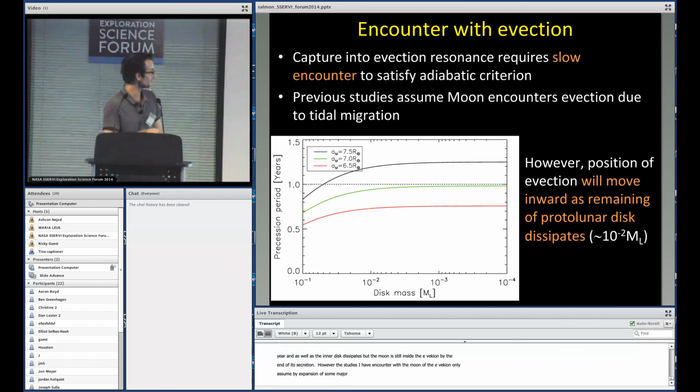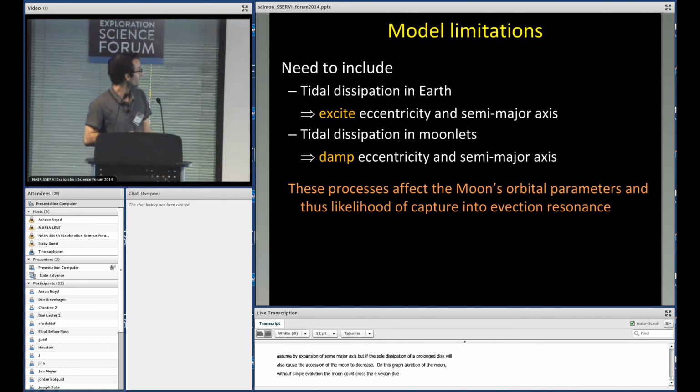But the dissipation of the protolunar disk will also cause the precession period of the moon to increase. On this graph I've shown the precession period of the moon as a function of the remainder of the disk mass, and without any tidal evolution, the moon could actually cross the position of the evection solely due to the dissipation of this inner disk.